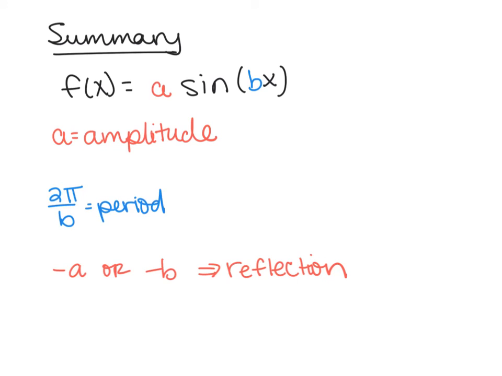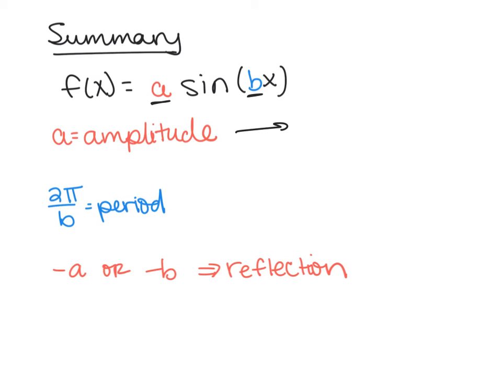So in summary for the transformations, in this bit we talked about amplitude, which is any number multiplying outside the function, so that's your A, and a change in the period, which is any number inside the function, so that's your B. Your amplitude tells you how far up and down the graph goes.